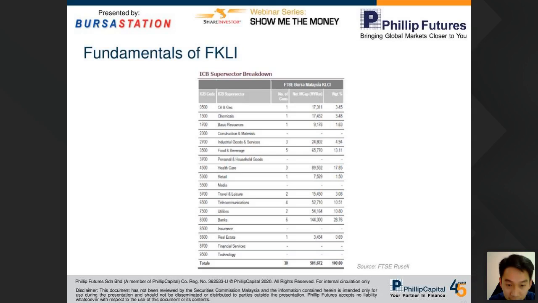Just bear in mind that since the two largest sectors are healthcare and banks, before you do any investment or trading on FKLI you want to know how the healthcare sector and the bank sector are doing. The third largest is the food and beverage sector, with five counters and about 13.11% here.